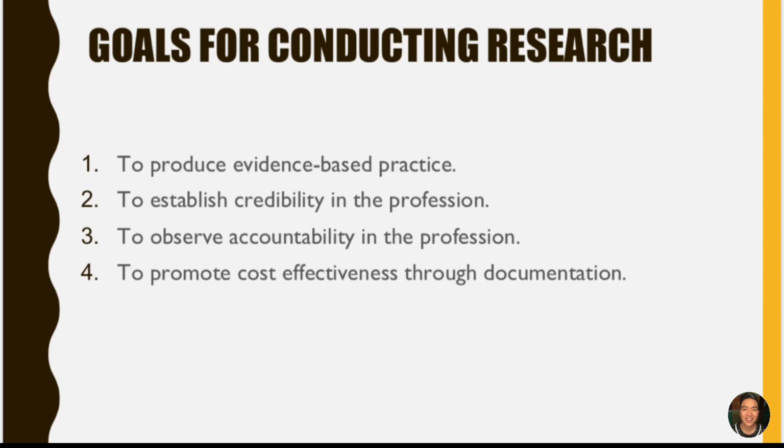Number 3 is to observe accountability for the profession. So every action conducted by a professional must have a rationale. So there are principles that justify why a nurse has to wash his or her hands regularly, or why a teacher has to prepare a lesson plan, or why a manager needs to plan ahead, or why a businessman needs to conduct feasibility studies, and more.